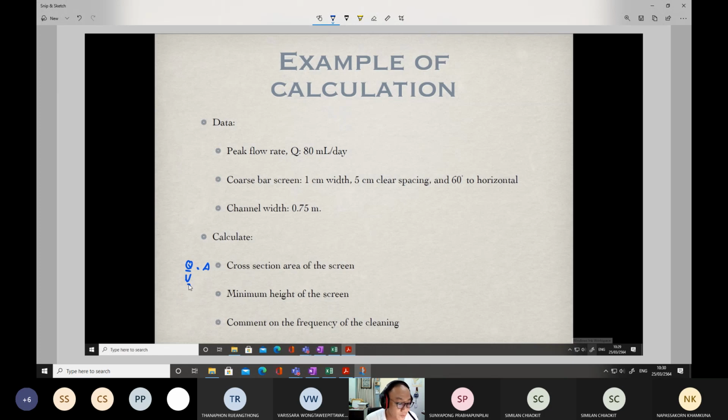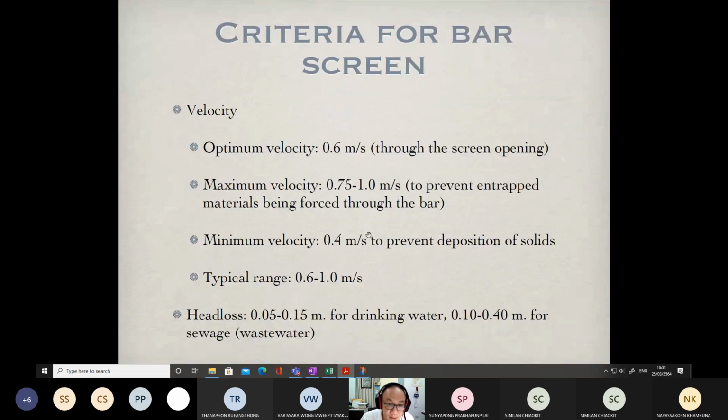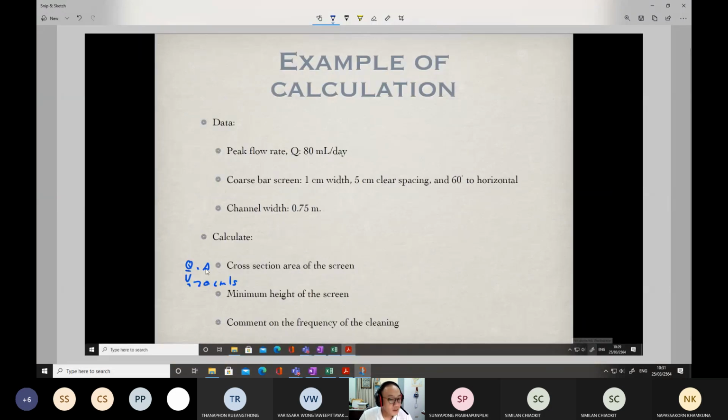The recommended velocity through the screen is 0.6 meters per second. If you go back to the previous slides, the optimum velocity is 0.6 meters per second. Then you will be able to find the area.